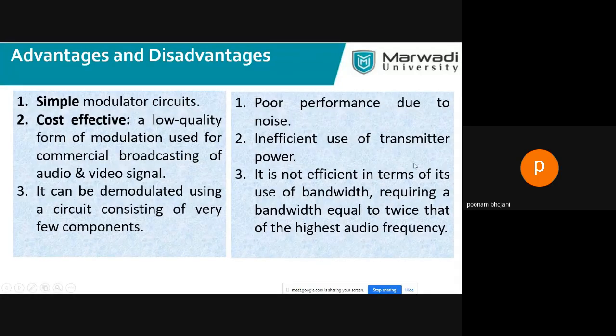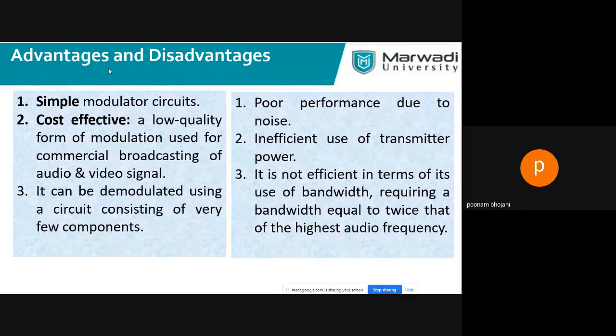It is not efficient in terms of its use of bandwidth, requiring a bandwidth equal to twice that of the highest audio frequency. You may not be aware of these equations because these are fundamental mathematical formulas, and it is not mentioned in the syllabus or in the book. So let me tell you, the bandwidth of amplitude modulation is twice the frequency of the message signal, right?